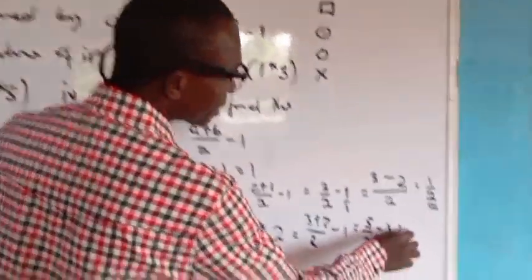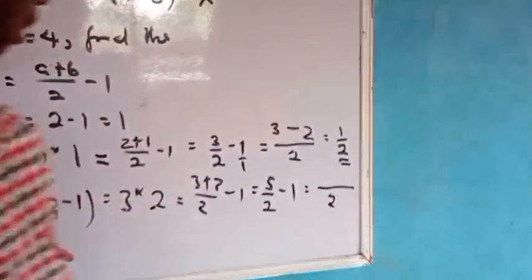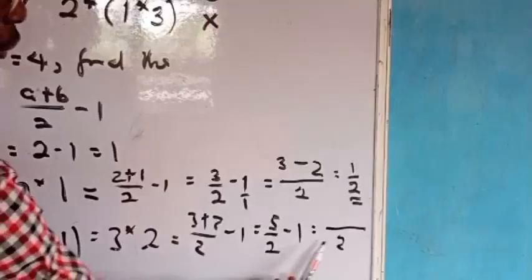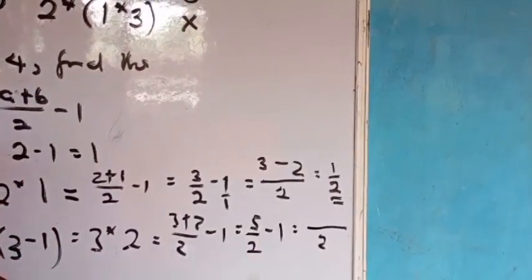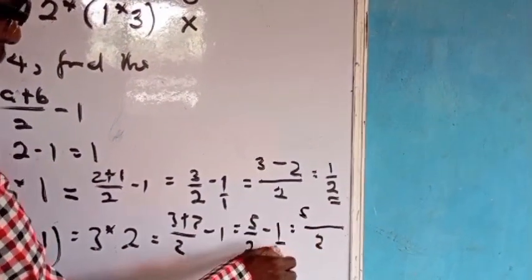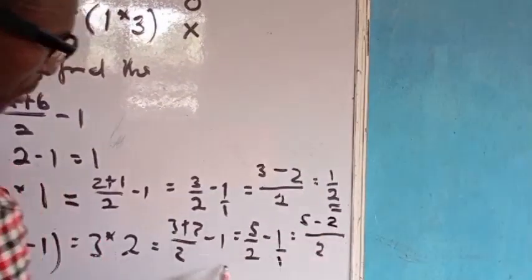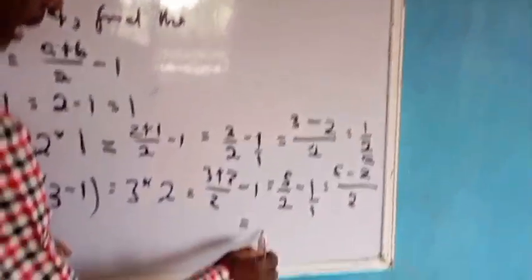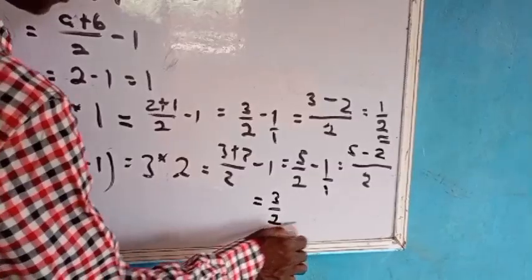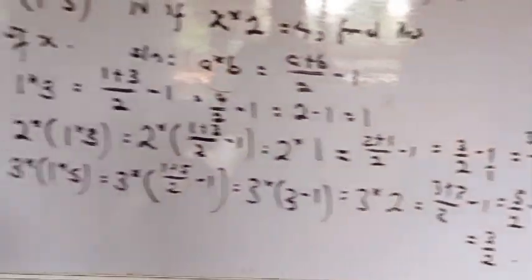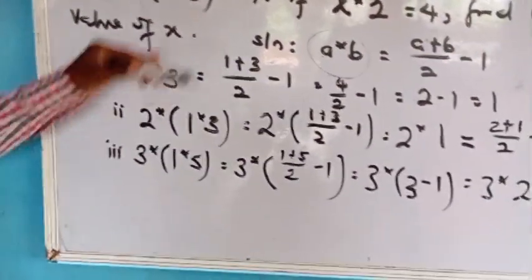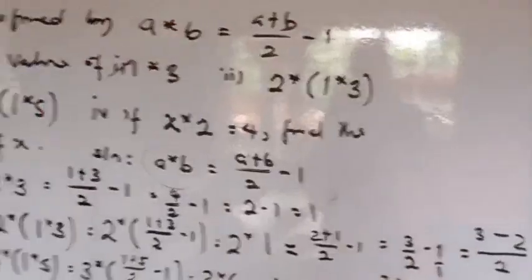So finally, LCM 2: 2 into 2, 1 times 5 is 5, it is over 1, 1 into 2, 2 times this is minus 2. So finally here we have it as 3 over 2, which is this number 3 now.